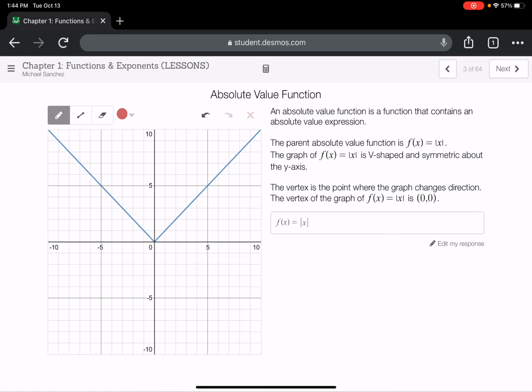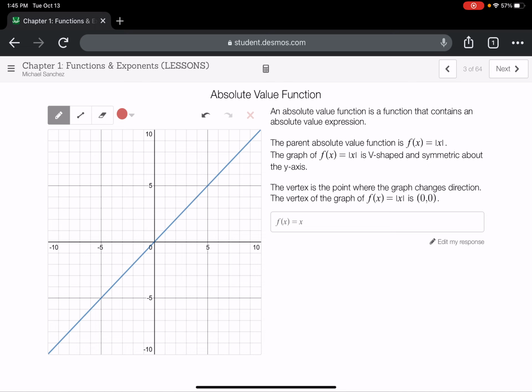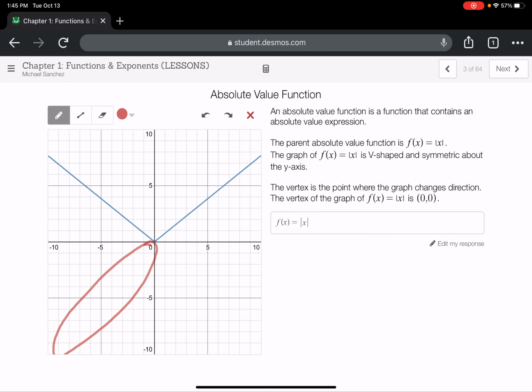If I were to take away our absolute value bars, we will see that we actually get a diagonal line across 0 at our origin. So by adding our absolute value, we're actually getting rid of this bottom piece of the function and we're moving it up. So by adding our absolute value, we make that part of the line positive per se, and it creates a V shape.